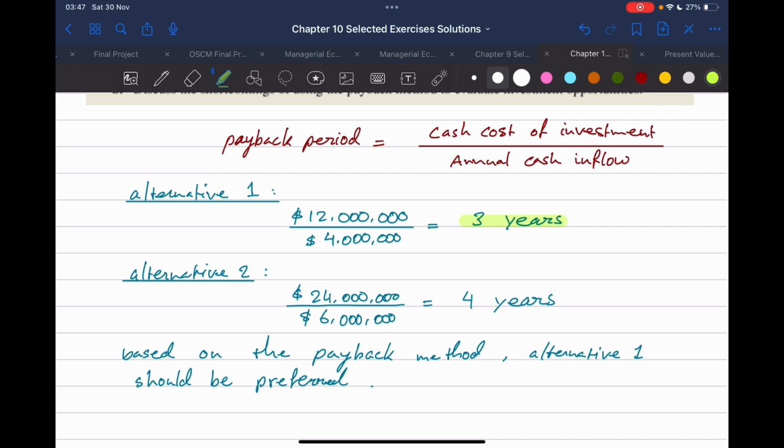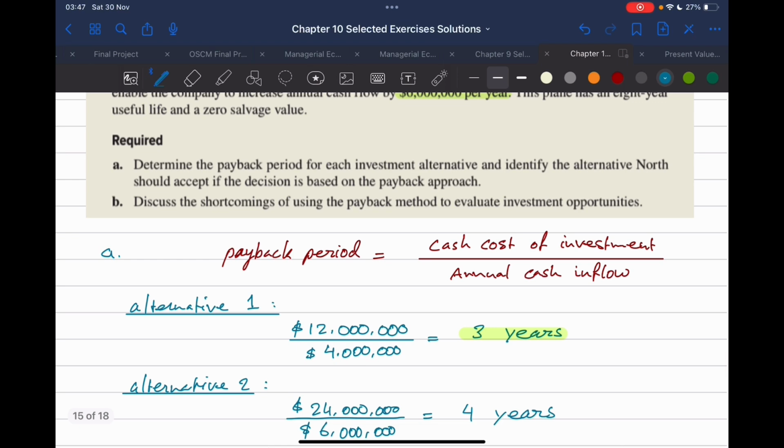Why? Because what does it represent? It represents how long it is going to take the company to recover their initial investment, right? So the shorter the number of years, the better for the company. That means they can recover their initial investment sooner, right? So you need to understand that. All right, so that's the answer to part A.